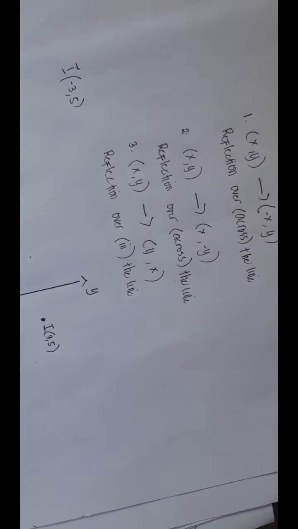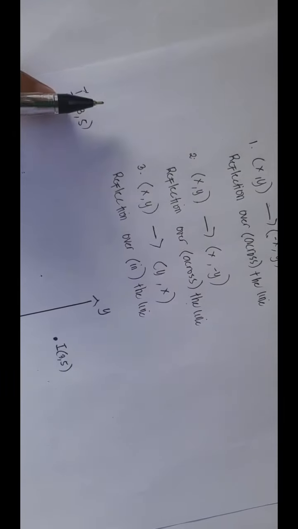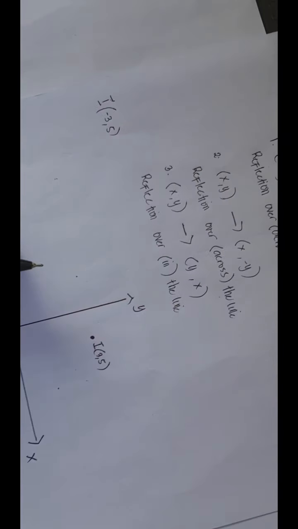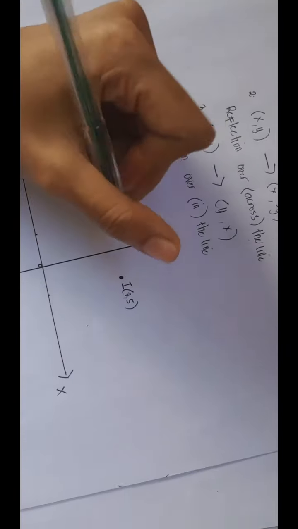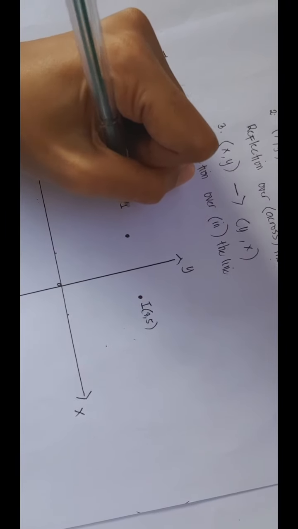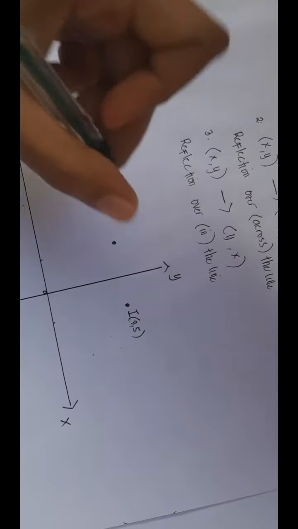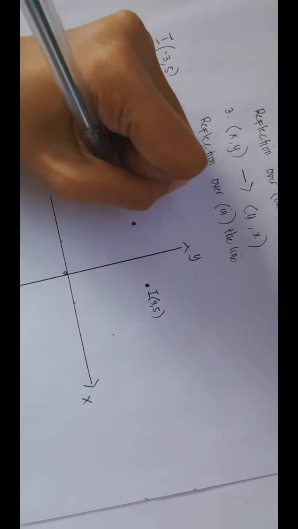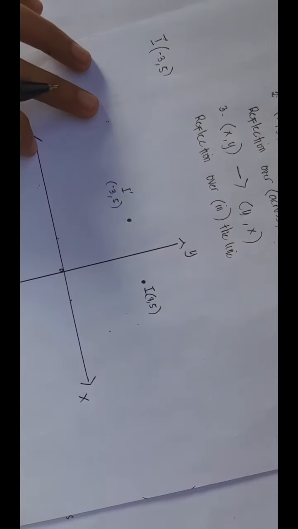Now, since we already have a new coordinate, we need to plot it here. Let us say that this part here is point I prime with coordinates of negative 3, 5. You can see that.